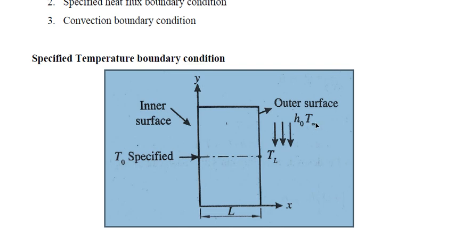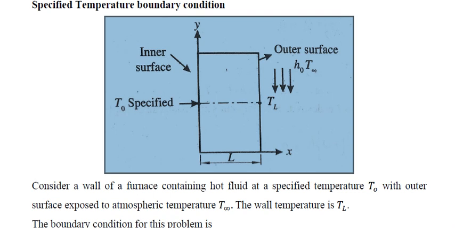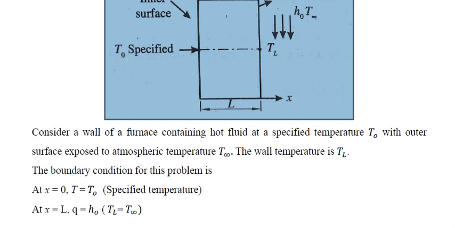T infinity is the surrounding temperature. H naught is the convectivity. TL is the temperature here, and we are supposed to find TL. Any one temperature will be specified. If that is the case, it is known as the specified temperature boundary condition.